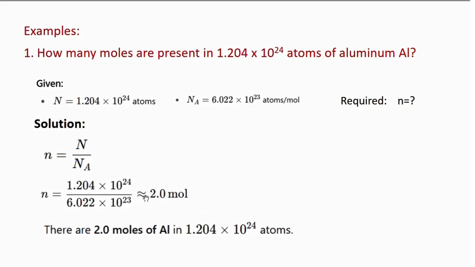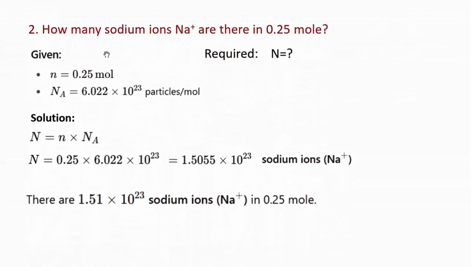What does this value mean? The result means there are 2 moles of aluminum in 1.204 times 10 to 24 atoms. Another example: how many sodium ions are there in 0.25 mole? We have the given information. The required information is capital N, which is the number of ions.